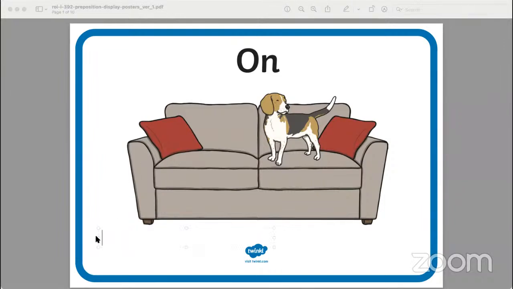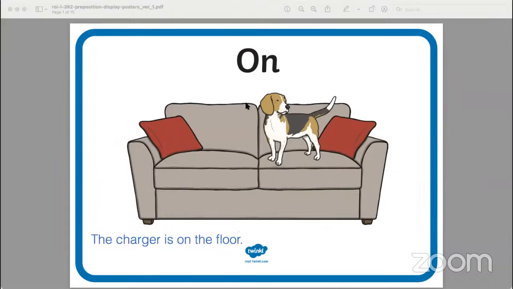So for example, the charger is on the floor. So it could be a phone charger, a laptop charger. Okay, so the charger is on the floor.